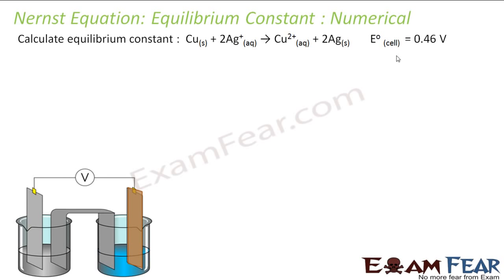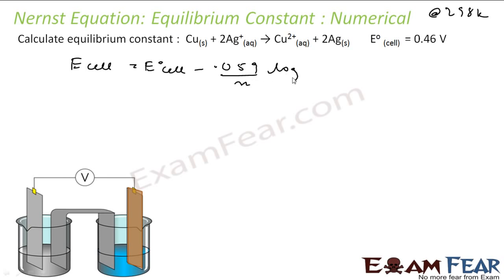So we have to find the equilibrium constant for this reaction. We know that E cell is nothing but E naught cell minus 0.059 by n log of Q. Let's assume that this is at 298 Kelvin and use the shortcut formula.